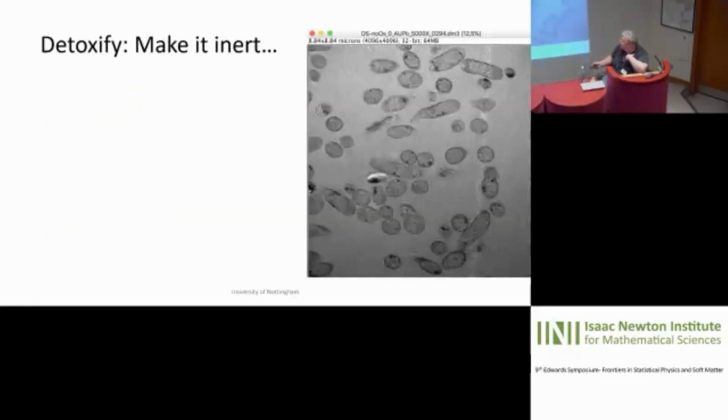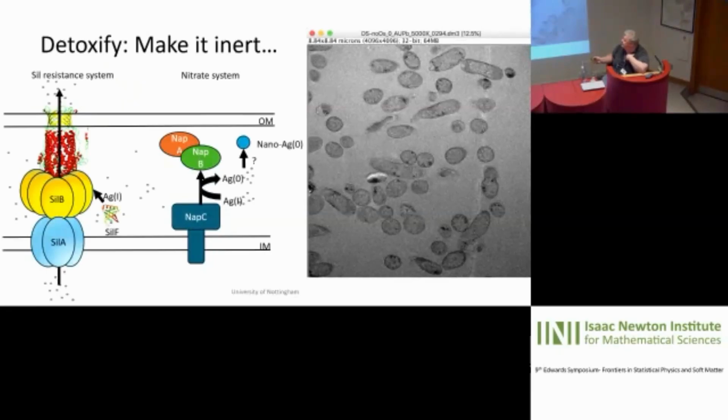And that would lead to perhaps the intriguing result we have here, where these little nanocrystals are sitting in the periplasm, and it is known that the nitrate system can actually take the silver ions and turn them to metal. And remember, the metal is actually quite benign and forms these little nanocrystals. And that seems to be what's happening there. Because then it would make sense that this thing is loading up and taking things from the environment and putting it there.